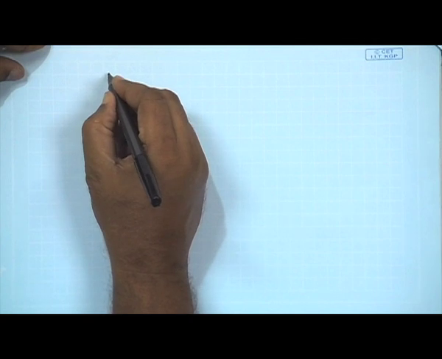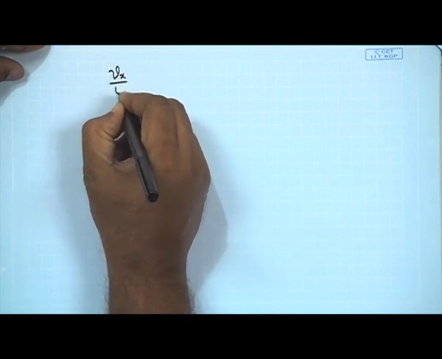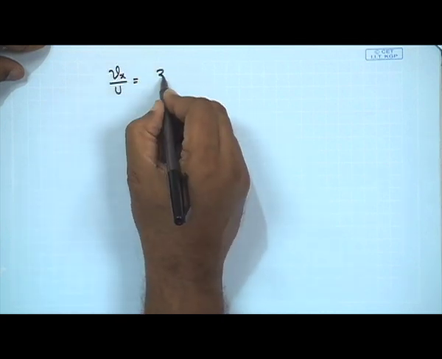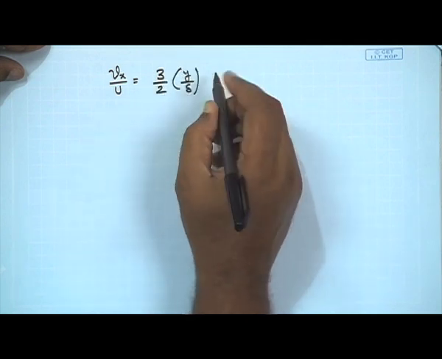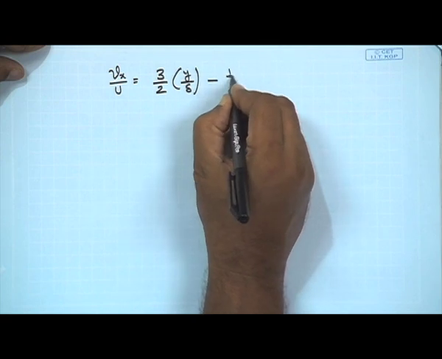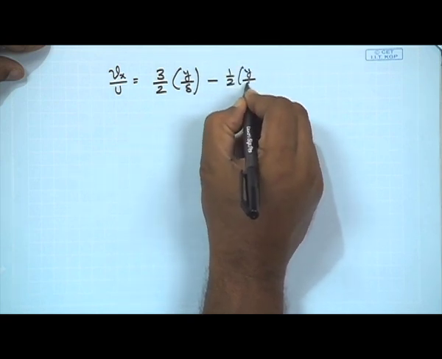Here also it has been mentioned that the velocity profile, Vx by u, is of this form: 3 by 2 y by delta minus half y by delta cube.